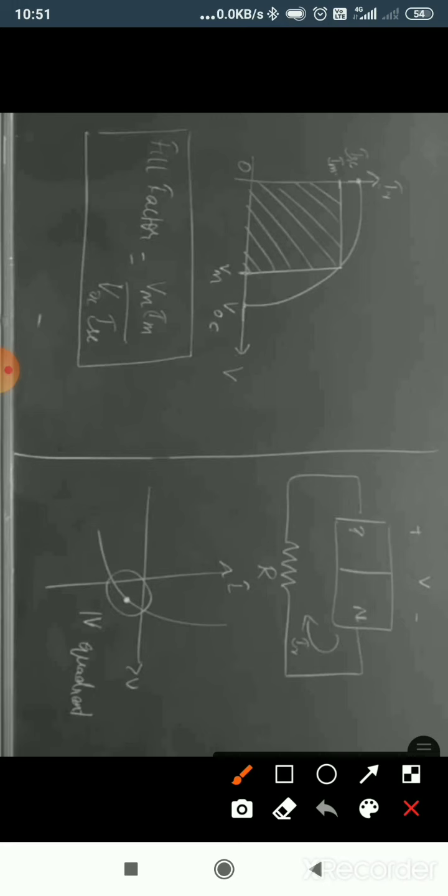If a p-n junction without an external supply is connected to an external resistance, and light falls on it, as in a photodiode, the p-n junction is operated by applying light energy. Then it is not absorbing energy, but it is delivering energy to the external load. So this is the fourth quadrant operation of the p-n junction.